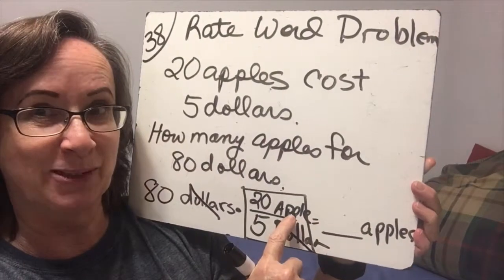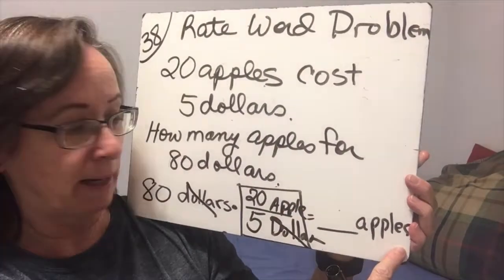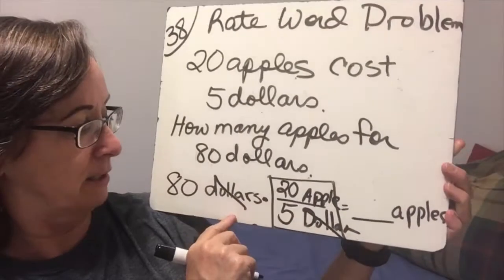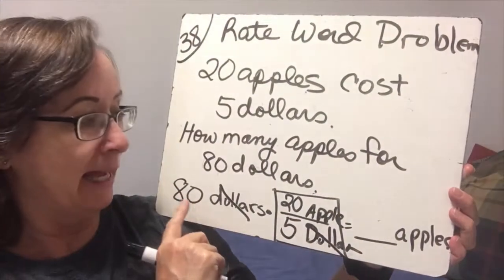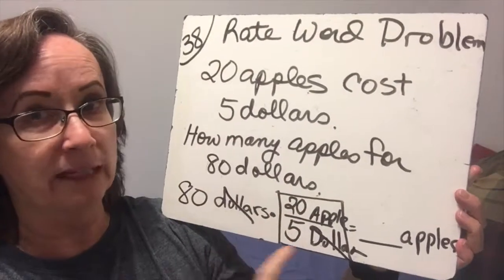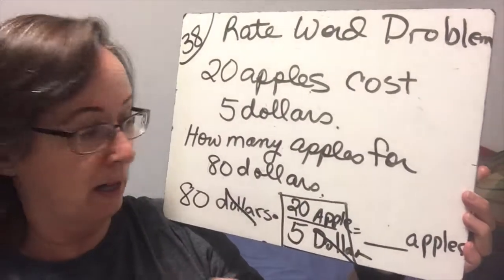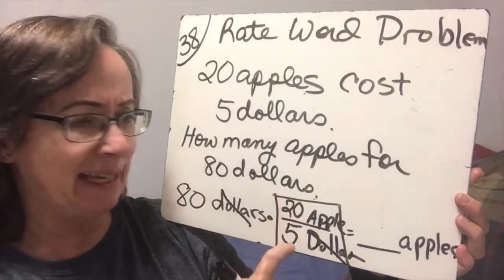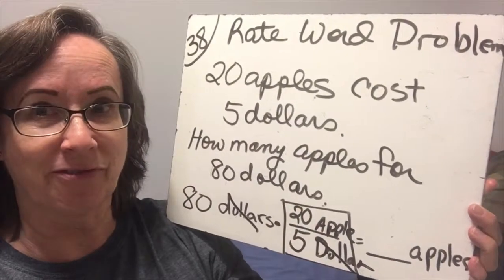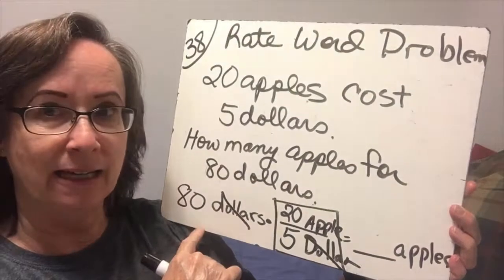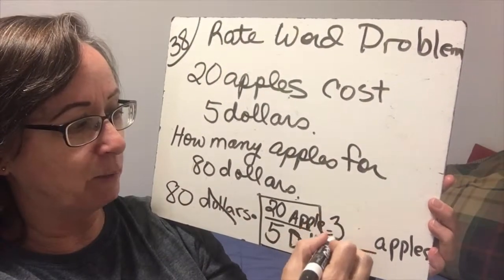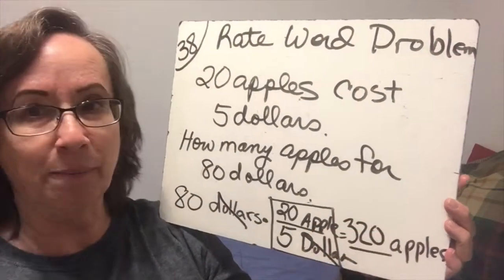It's going to have apples on the top, so apples will be in my answer. And then all I have to do is do this math. I could multiply 80 times 20 and then divide by 5, or I could say, you know what, 20 and 5 will simplify. 20 divided by 5 is 4, and 80 times 4 would be 320 apples.